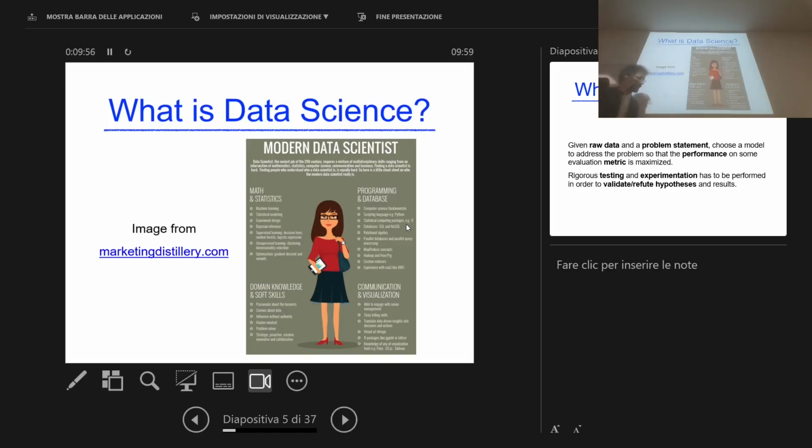Because taking a Python library, okay, a Python package, and using the package to create some machine learning pipeline, is fairly easy. But understanding whether what you are doing makes any sense is not so easy, okay? And that's where this knowledge comes from, okay? From your foundations of mathematics and statistics.